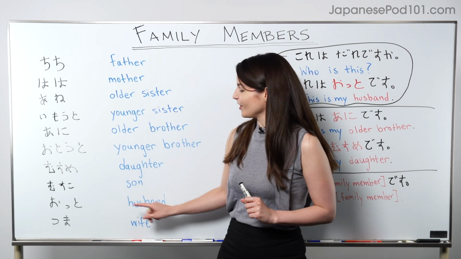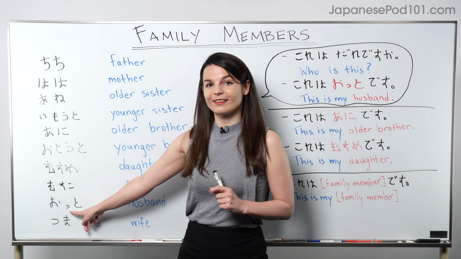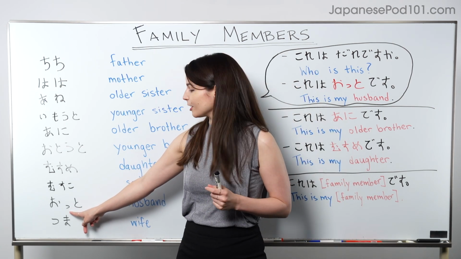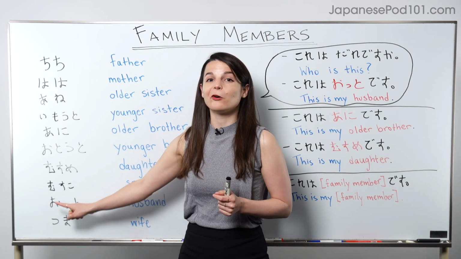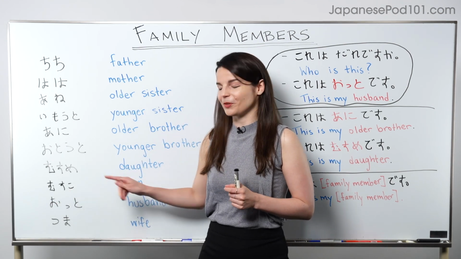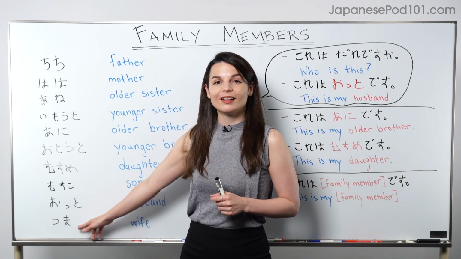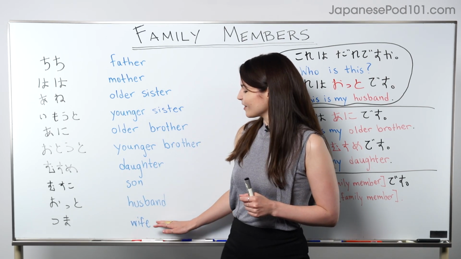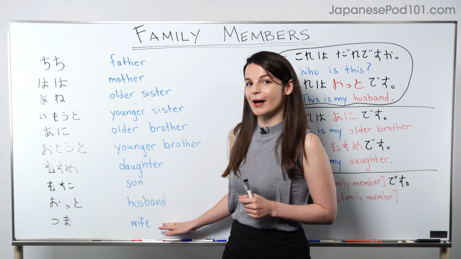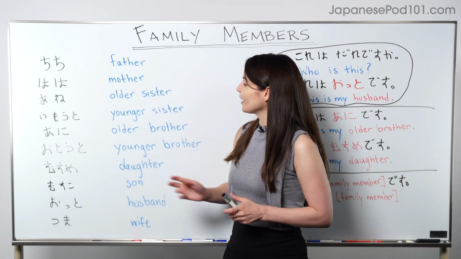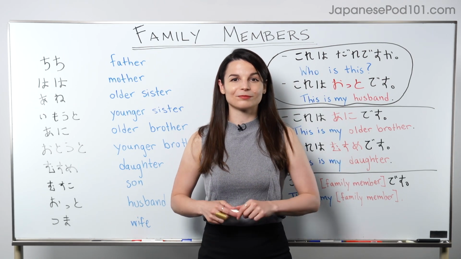So you'll see this small tsu here. That means we need to stop in the middle of the word. So not oto, but otto, which means husband. Finally, we have tsuma. This means wife. So these are the key vocabulary words for this lesson.